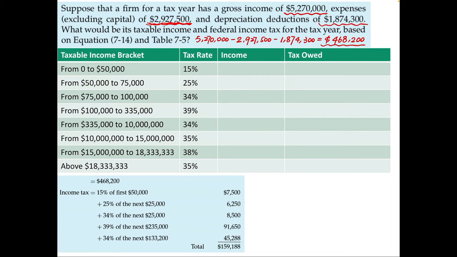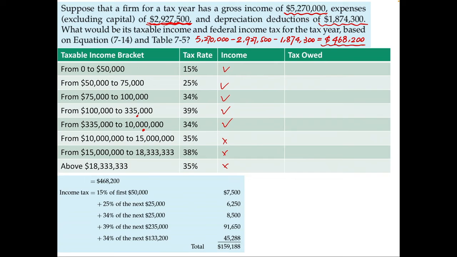It's higher than 100,000. It's higher than 335,000, but it is under 10 million. Okay, so you want to slice your income and fill this table, but you know that you're going to fill up this, but not this, because your total income is under 10 million.